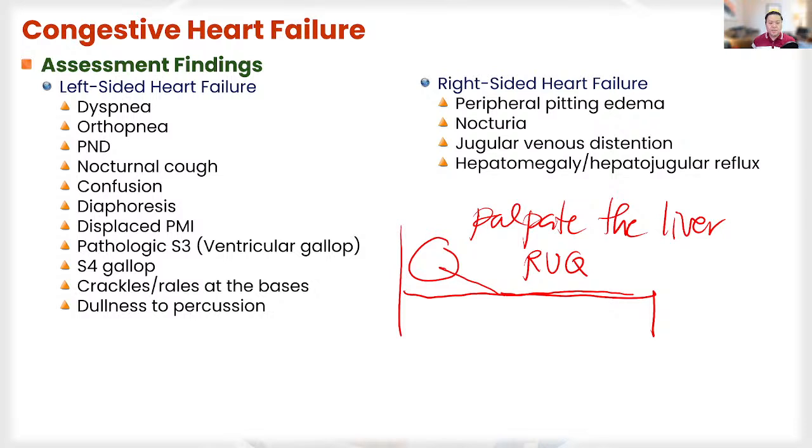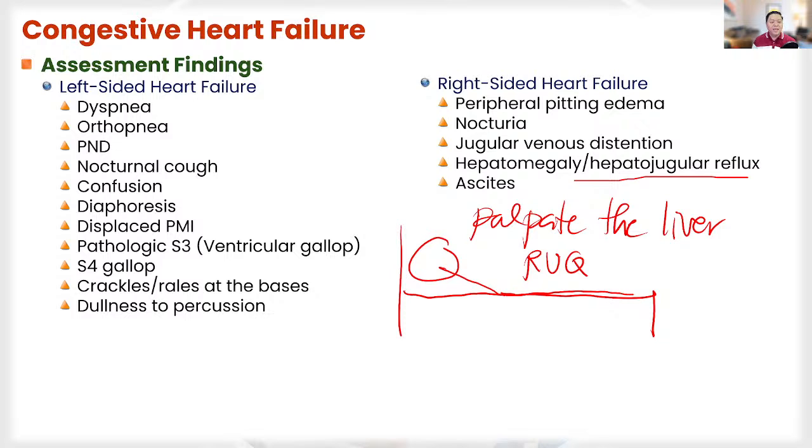Okay, so this is what we call the hepatojugular reflux. Now, another manifestation here, guys, is the ascites, which is going to be caused by the increasing pressure in the veins in the abdomen. This is what we call portal hypertension. And this is another complication of right-sided heart failure.